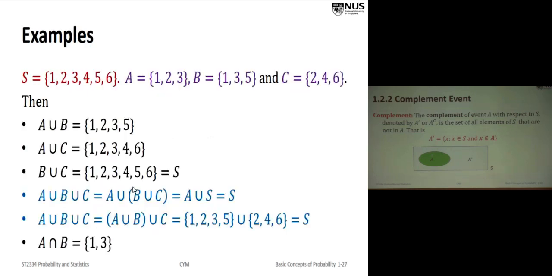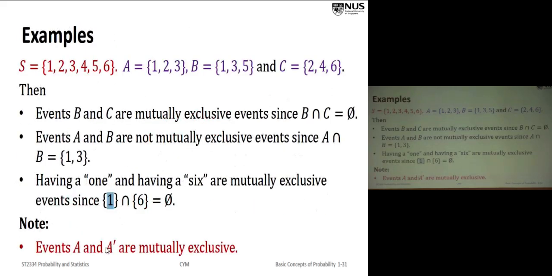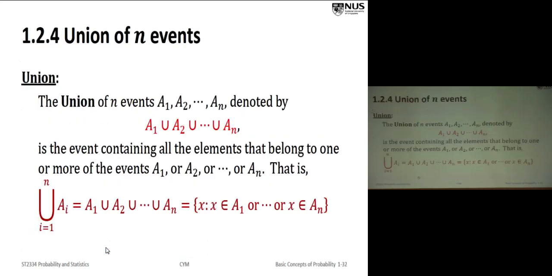So A and A complement are mutually exclusive. That's what this remark means here. And of course, A union its complement is equal to the sample space, just in case it's not clear. So these are the operations of union, intersection, complementation, and the notion of mutually exclusive.